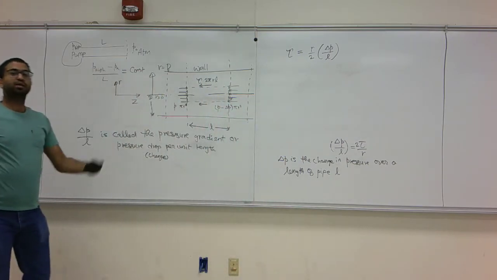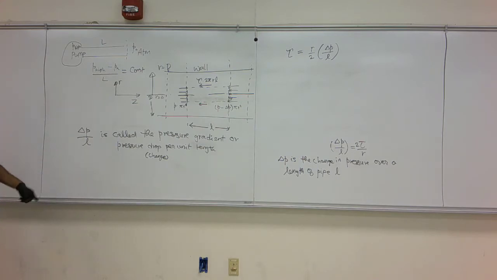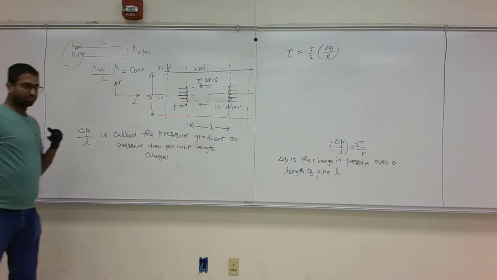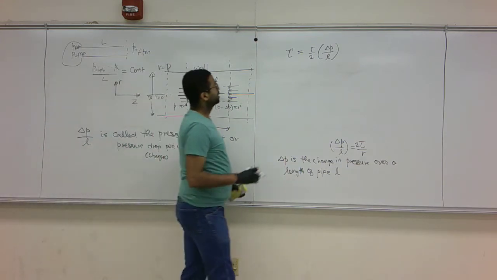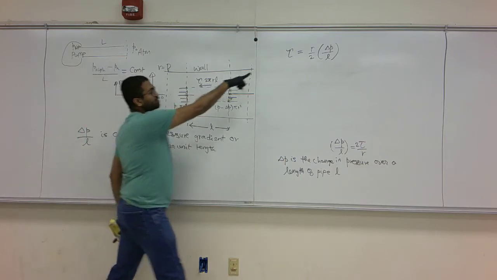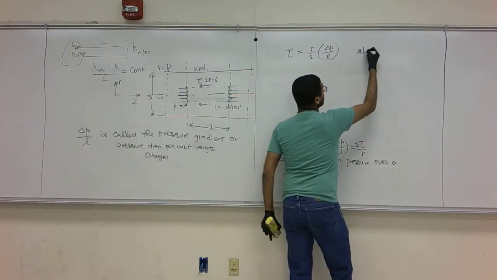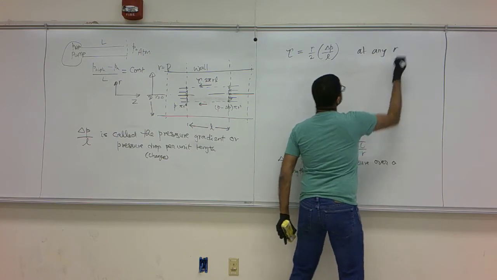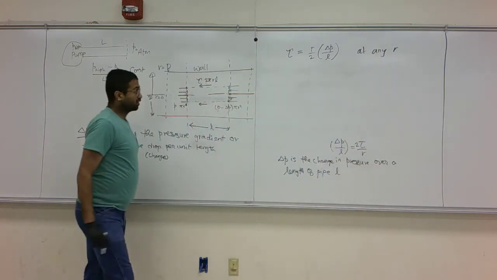From here on, treat the pressure gradient like it's a constant because it's something you can set from outside of your experiment. It is something you could control. So if I were to take tau at any section at any r, it is r over 2 times delta P over L.